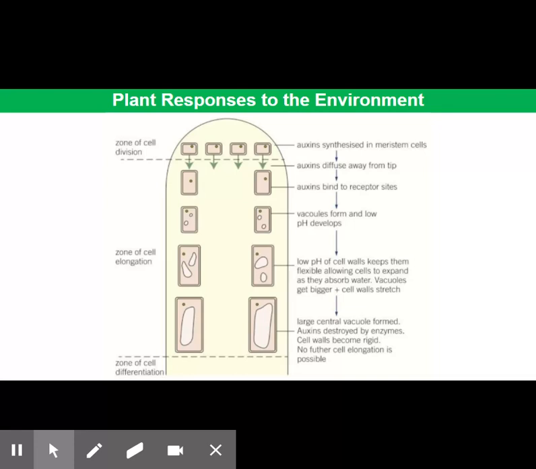And the low pH keeps the cell wall flexible. The way that it does that is through these expansins, the wall loosening enzymes that work best at this low pH. And ultimately, this enables the cells to take in more water and elongate.